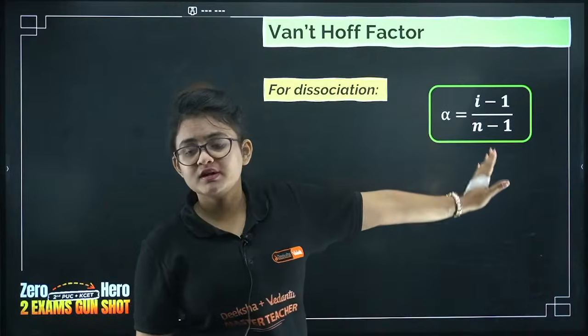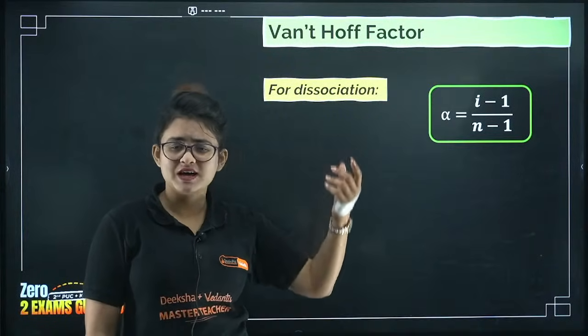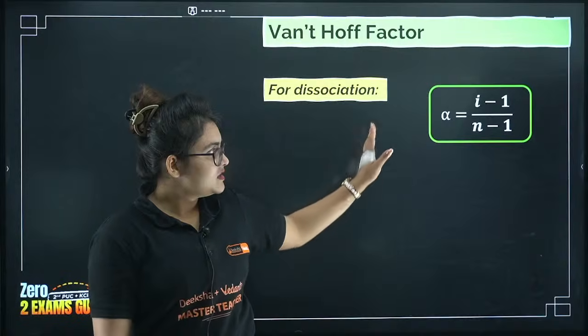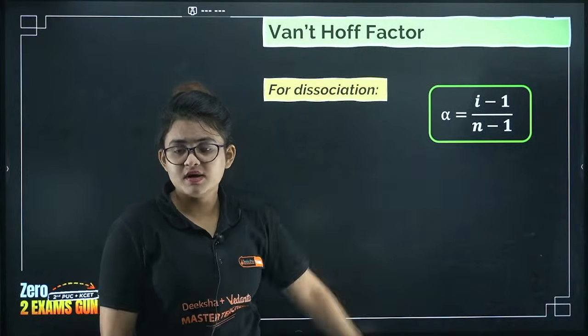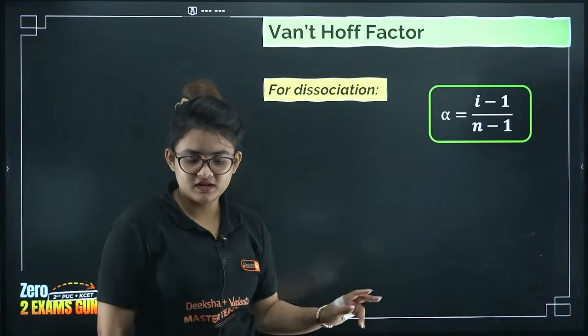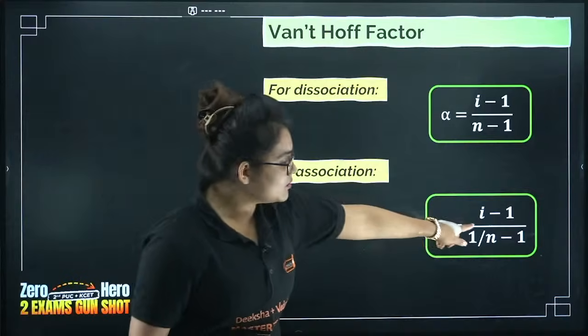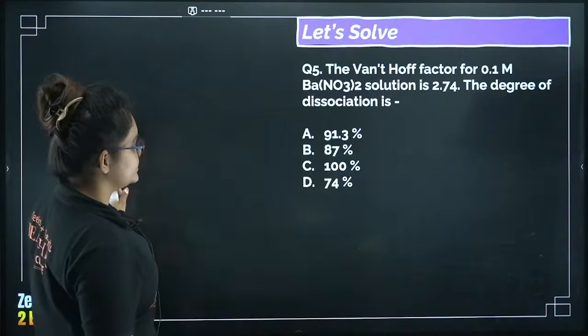Just remember the formula for your examination, that will be more than enough. If you insist, I will show the derivation. The degree of dissociation is alpha equals i minus 1 divided by n minus 1, where i is the Van't Hoff factor. For association it is similar but with 1 by n. I will show the n calculation.